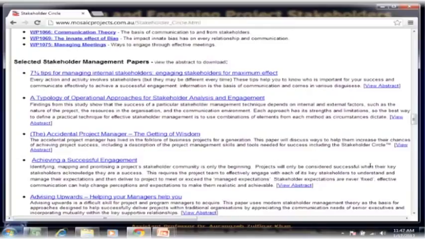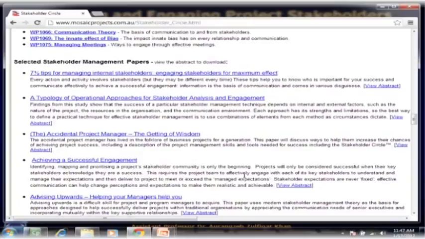Projects will only be considered successful when their key stakeholders acknowledge they are success. It's a kind of a new perception of project success. Traditionally, projects have been viewed successful if they meet their cost objective, their schedule objective, their scope objective. Newer perceptions of project success also include the stakeholders' satisfaction level.